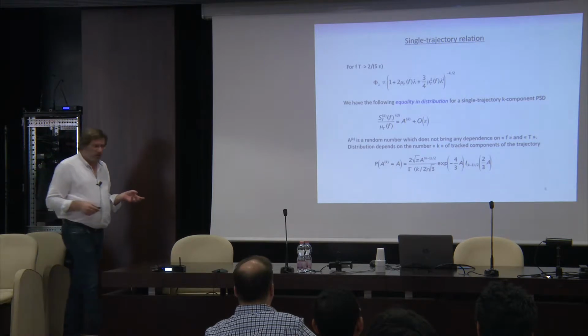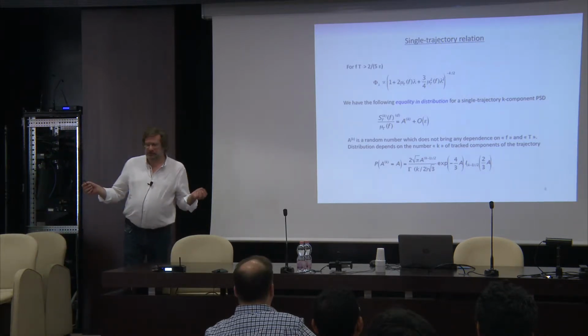Which means that most likely for any realization of the process of Brownian motion, you will see the frequency dependence of the first moment, and you will have only the amplitude in this law, which will be a random number, just numerical. So if you plot the logarithm, as a function of the log of frequency you will have just an array of parallel curves.